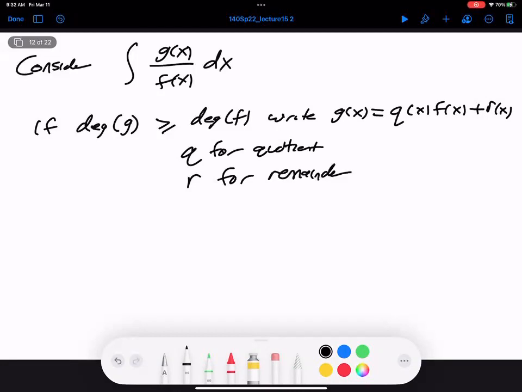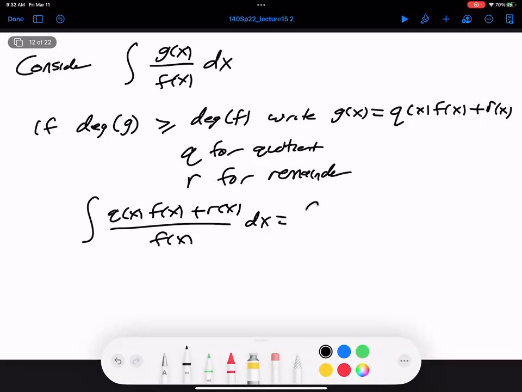And so the whole point of this is, well, if I have g of x over f of x, any multiple of f of x I have is easy to integrate. Because I just divide by the f of x. And that would give me the integral of q of x f of x plus r of x over f of x dx, which is just the integral of q of x dx plus the integral of r of x over f of x dx.